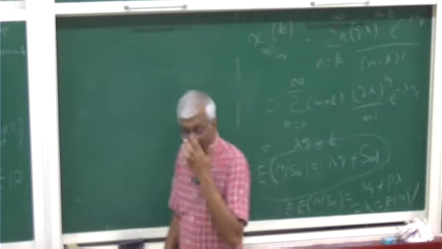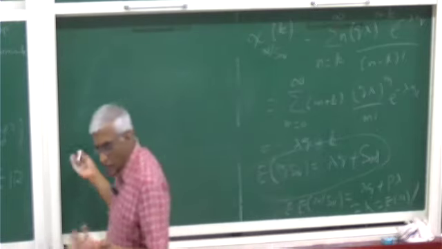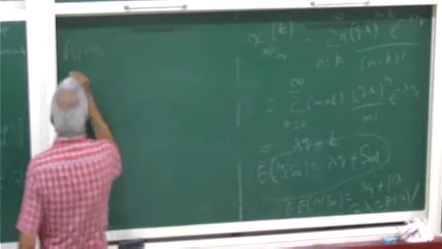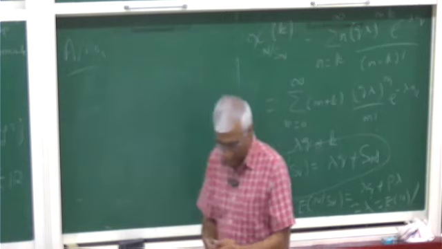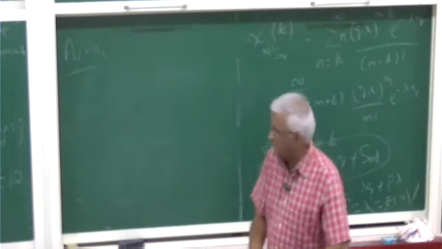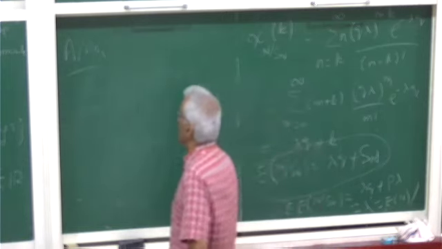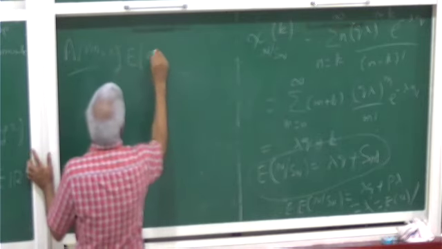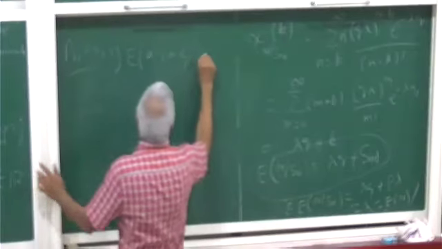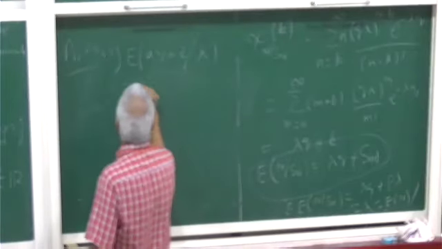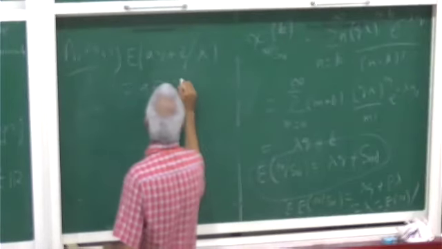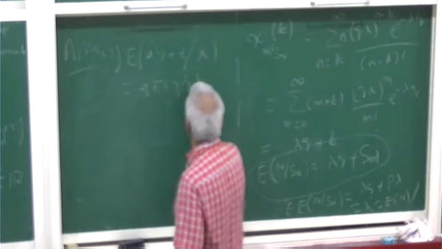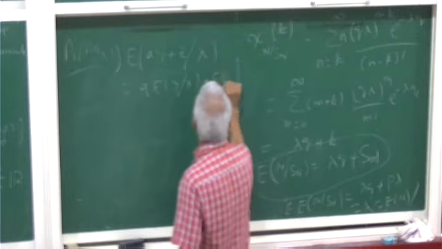I will orally tell you the proof also. The first one is E of ay plus z given x is equal to a times E of y given x plus E of z given x.